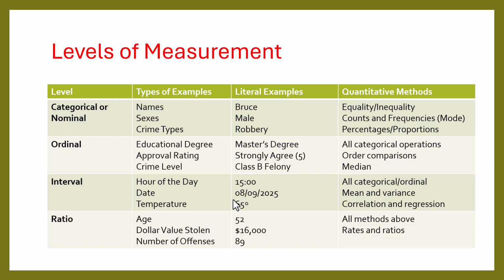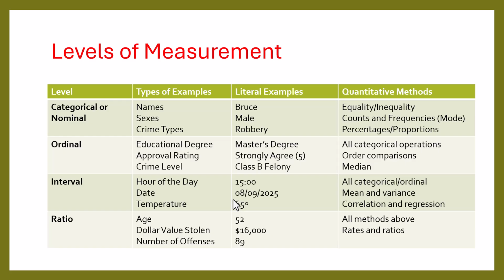Because if one crime happened at 2200 and the other happened at 0200, what's the average time? Well, it's actually 2 plus 22 is 24, divided by 2 is 12. Noon is the average time between 10 p.m. and 2 a.m. When of course, looking at it logically, we would think no, midnight should be the average time between those two. But you can't do that sort of calculation on time because it's cyclical, and 0 doesn't mean nothing.